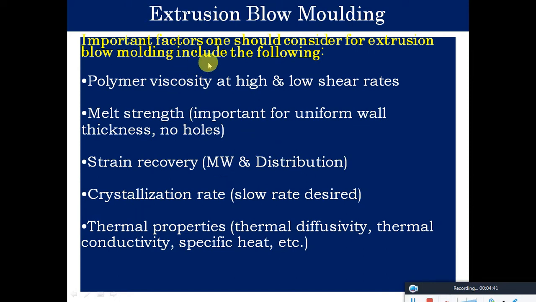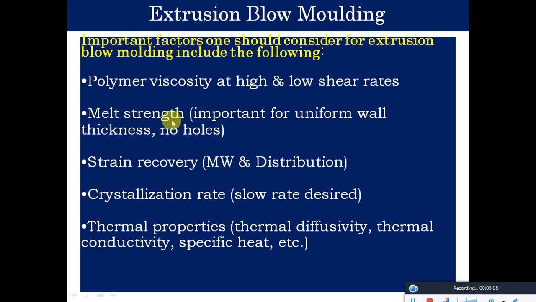Some important factors we have to consider for extrusion blow molding are, first, the polymer used for making the products should have appropriate viscosity at high and low shear rates.